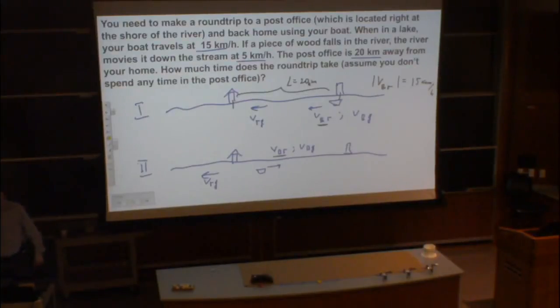This is the speed of something you drop in water and it drifts with water. So 5 kilometers per hour, that would be the magnitude of what velocity? Relative to ground.